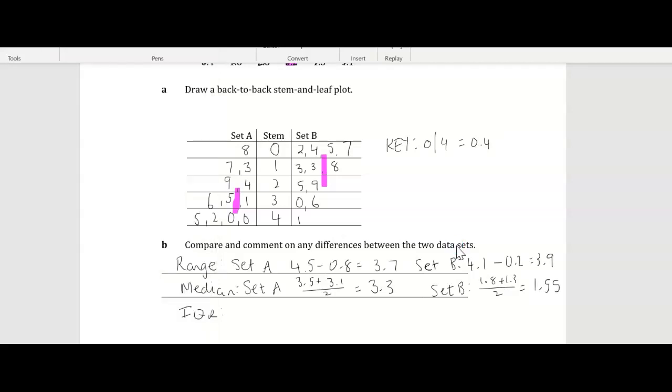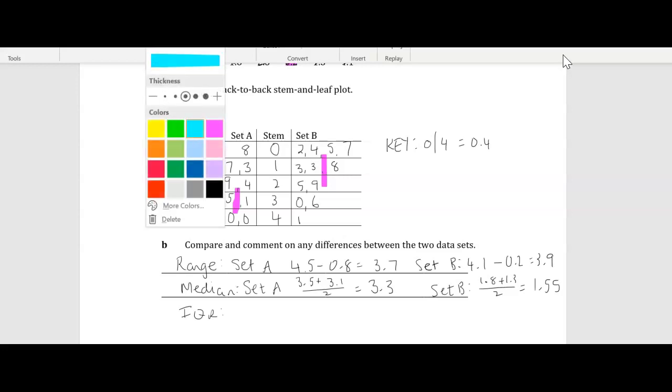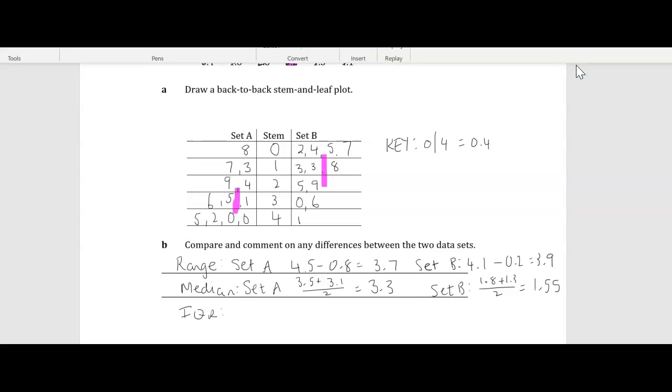All right, and then I'm going to do the interquartile range as well. Okay, so our bottom half, we've got 1, 2, 3, 4, 5, 6.